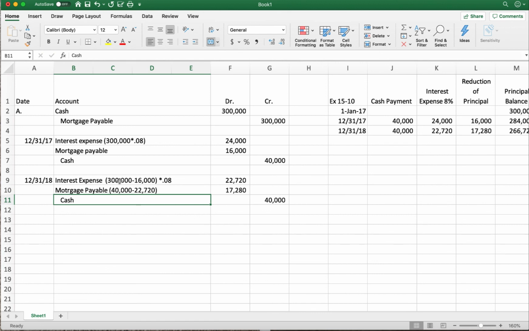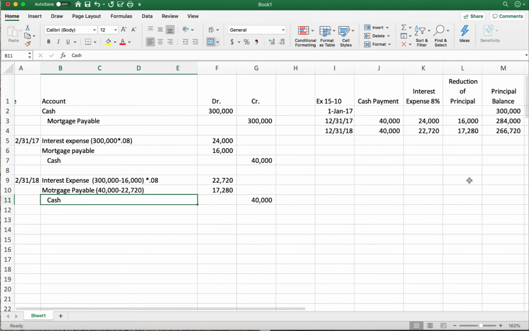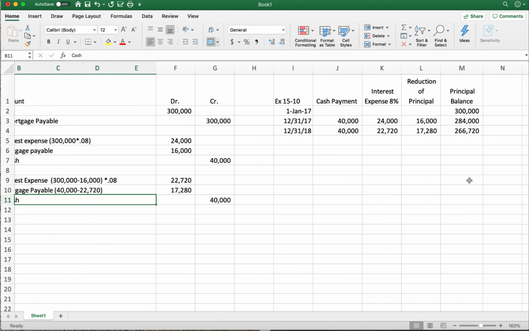Again, the logic that I used to create this chart is identical to the same calculation that we ended up with here.